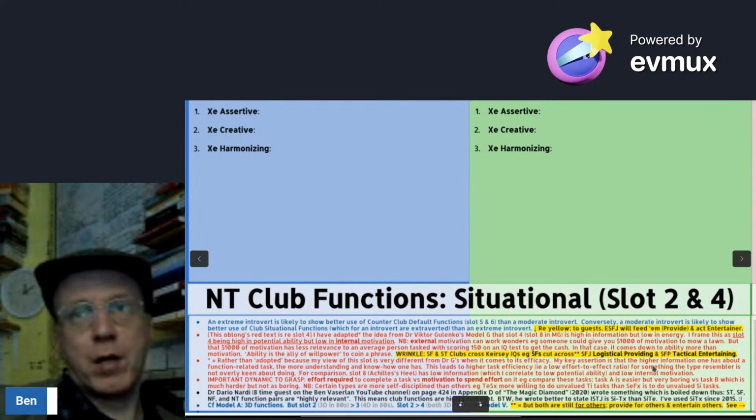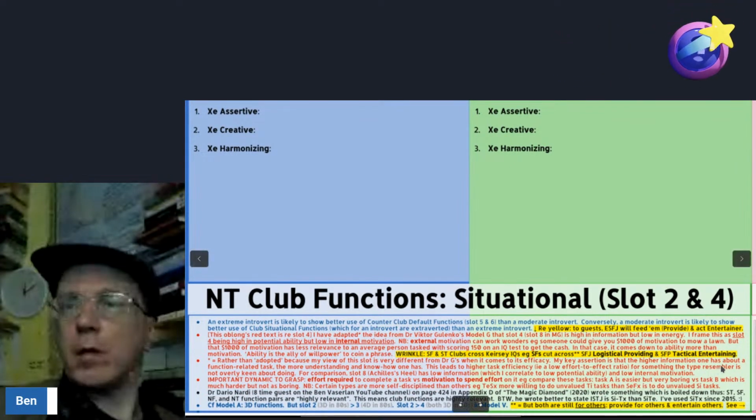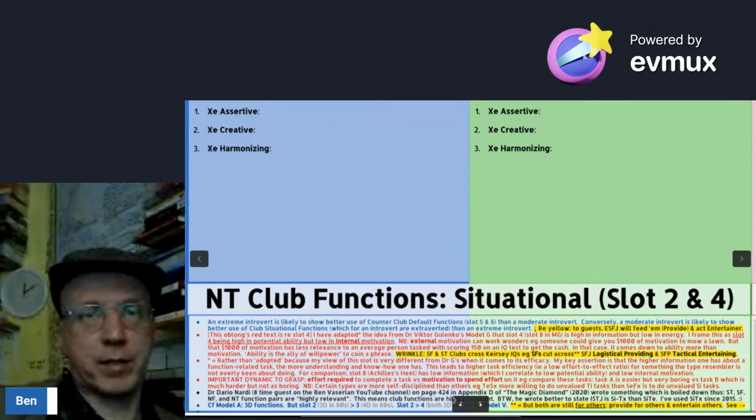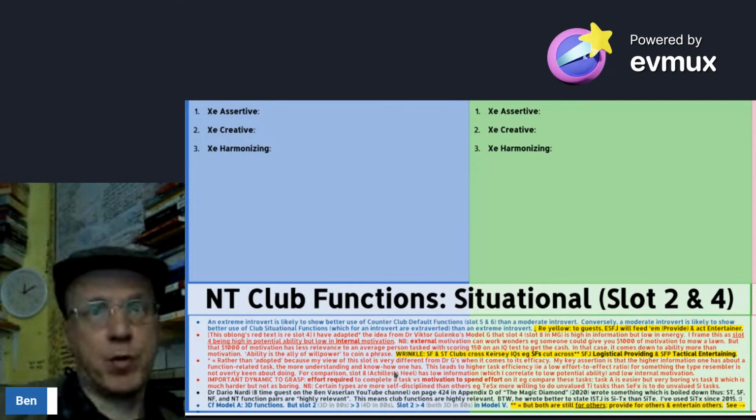My key assertion is that the higher information one has about a function-related task, the more understanding and know-how one has.